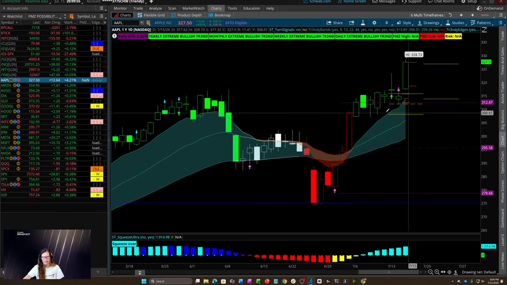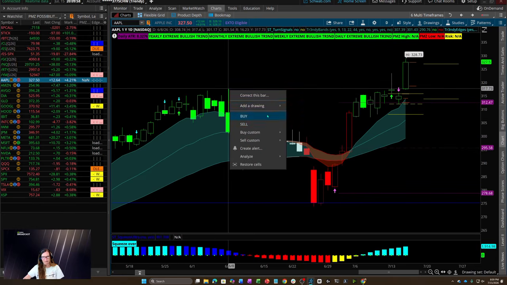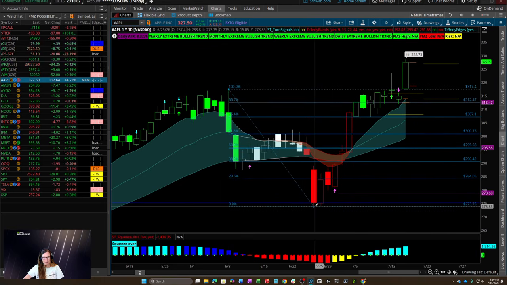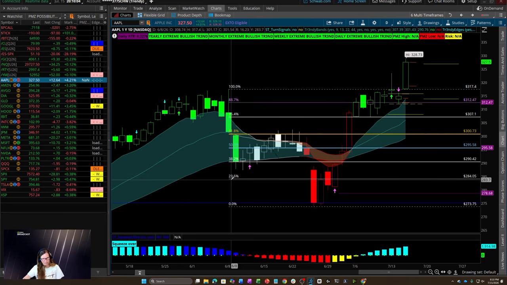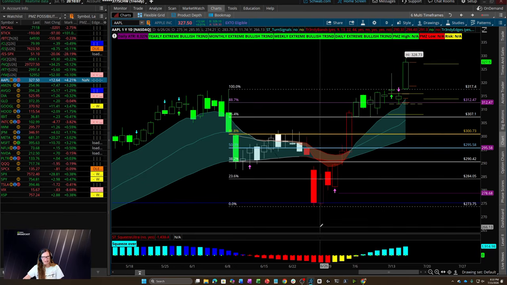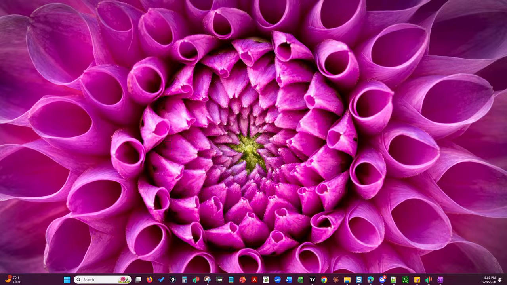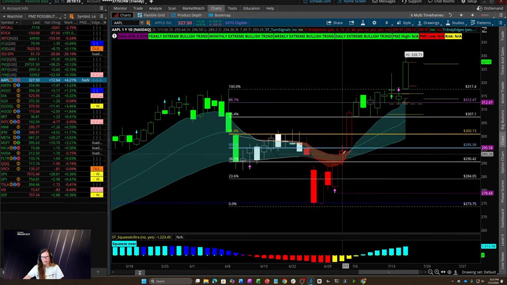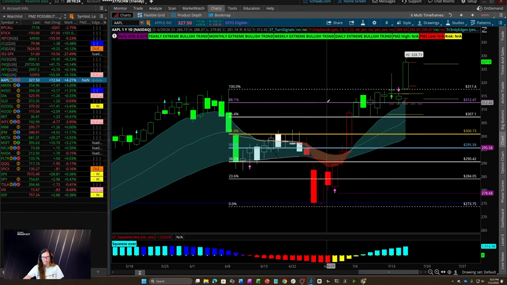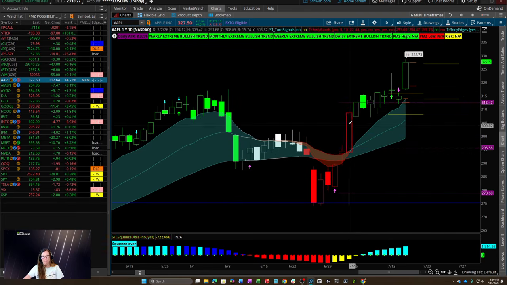Let's say that I wouldn't have been, but let's pretend that I was short Apple right here. I would want to stay short as long as price closed below the 38.2. But once it closed above the 38.2, telltale sign it's probably reversing, and I would be stopped out right here on this candle. Okay. All right.